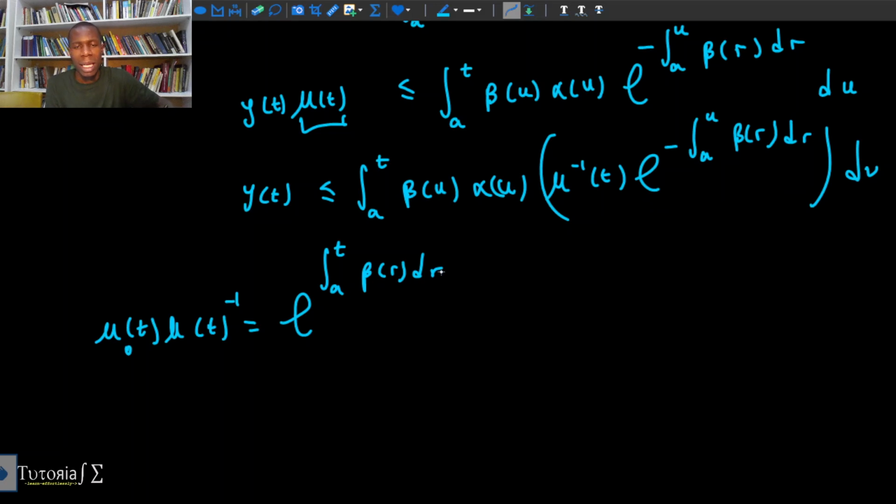We see that this will be, for this part, a to t, then we have minus a to u of beta of r dr. Okay, and we can change the signs here. So if this becomes positive, then we can change this to u and this changes to a.